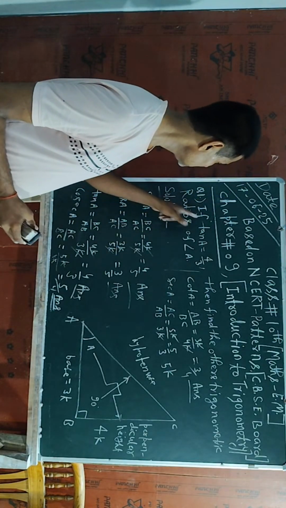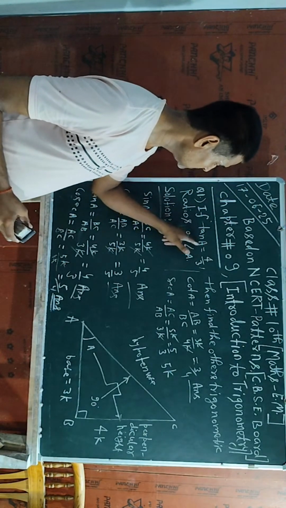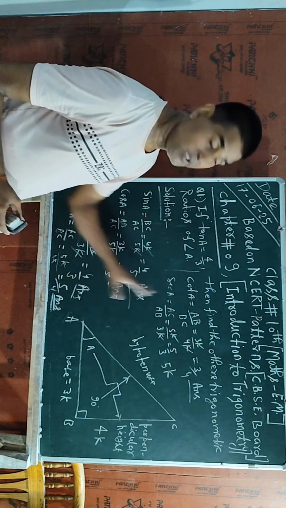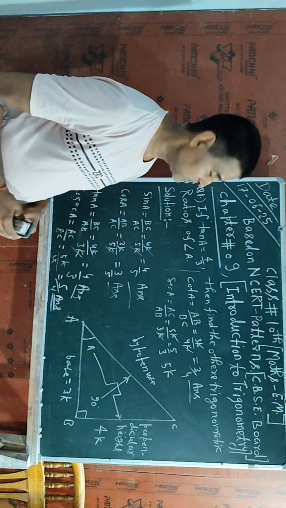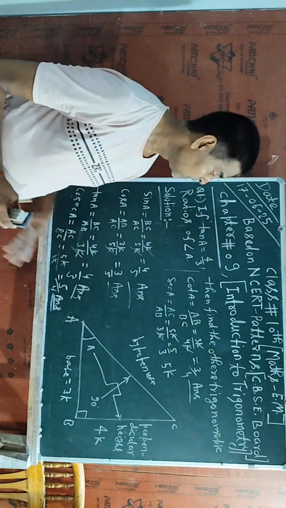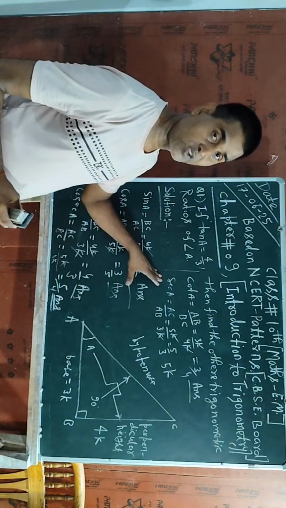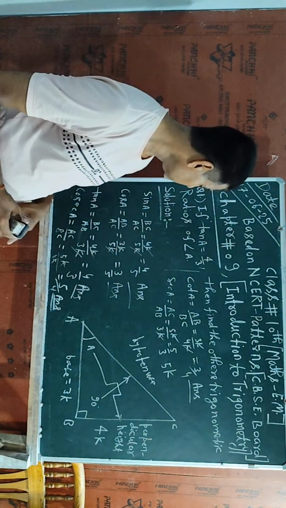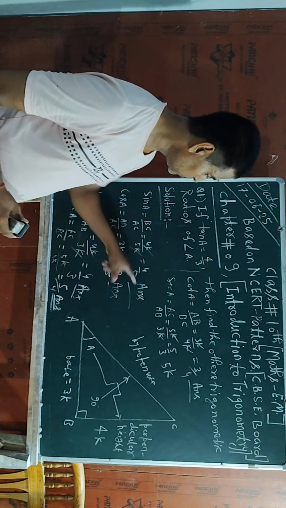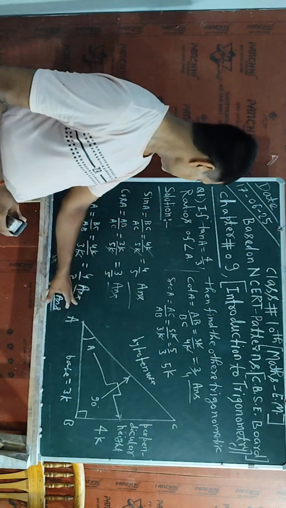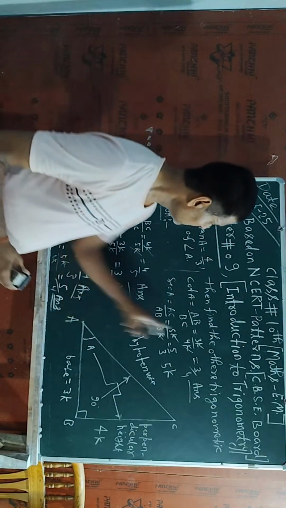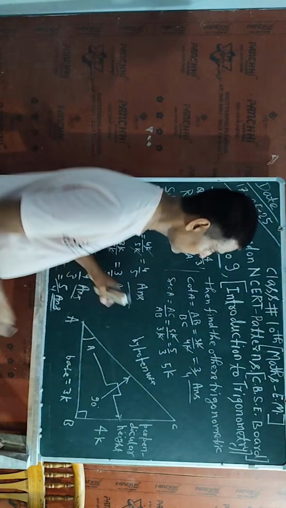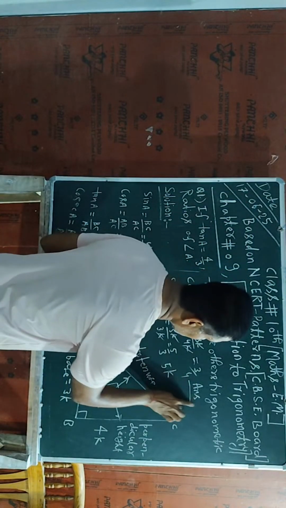If tan theta, means tan A, is equal to 4 divided by 3, then I have to find the remaining trigonometrical ratios, because I know there are 6 trigonometrical ratios. One ratio is given, the other 5 we have to obtain. So I have obtained the other ratios, this one, this one and this one. So this is the required solution of my question.